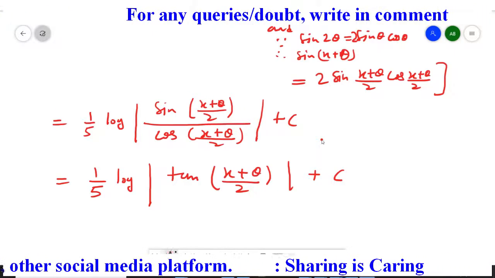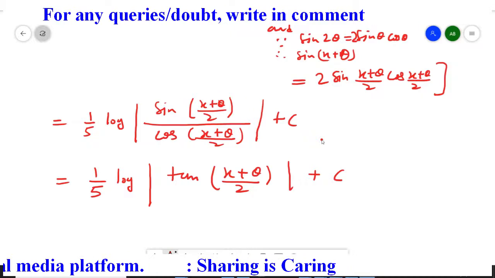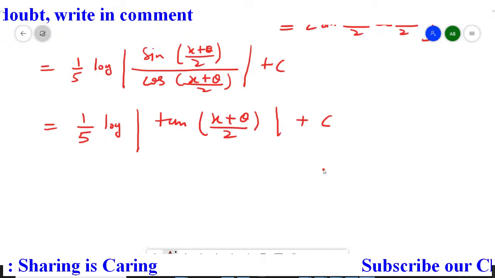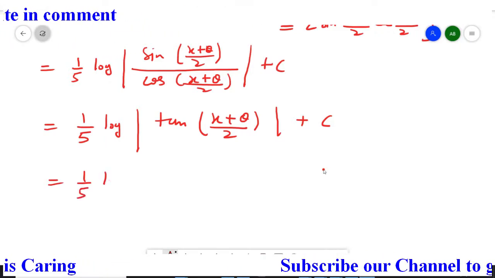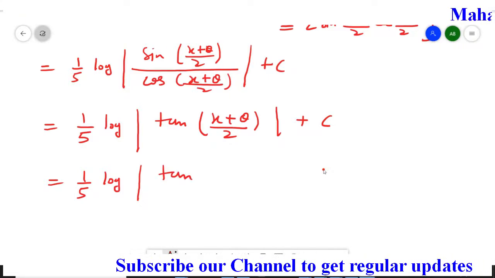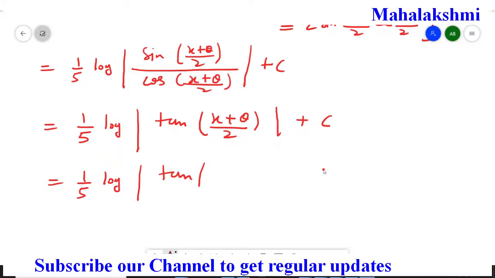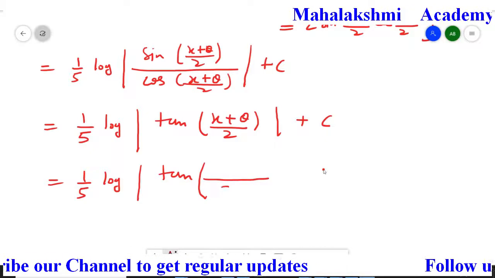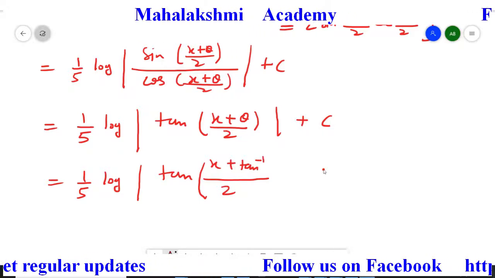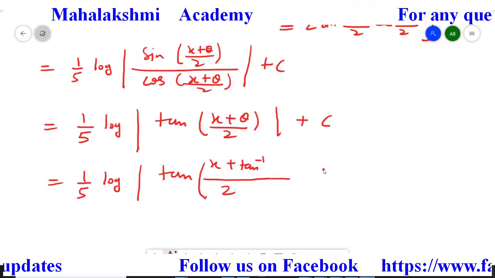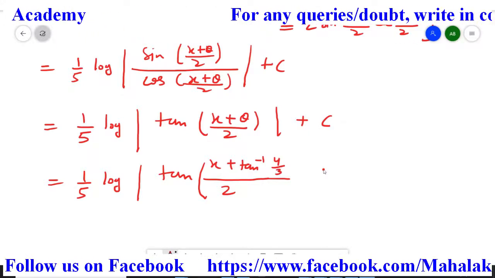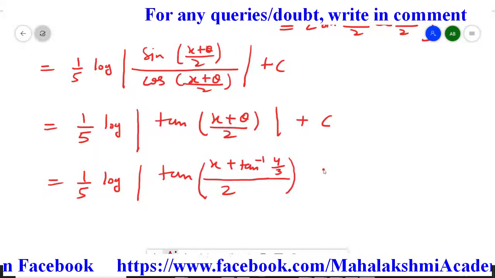Now students, theta's value we already calculated in equation 1, that we will replace here. 1 upon 5 as it is and log mod tan of x upon 2, x as it is, and theta we already calculated in equation 2, that is tan inverse 4 upon 3. From that I am replacing.